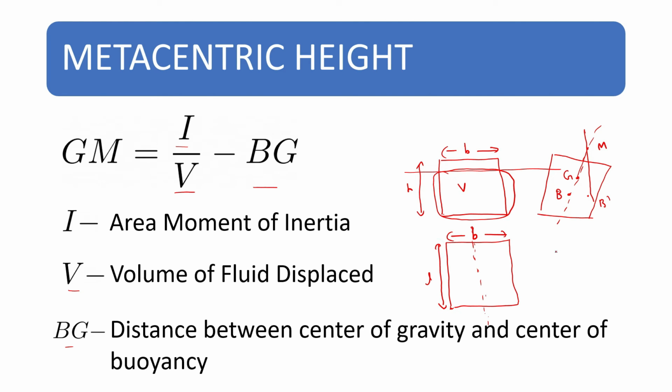That is the top view. So here the area moment of inertia is equal to L B cube by 12, because you are finding the area moment of inertia about this axis. That is L B cube by 12. So this is how you calculate the metacentric height.